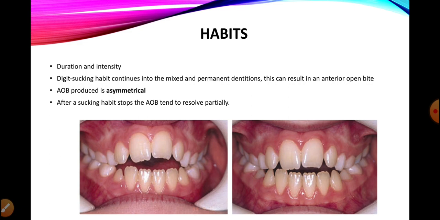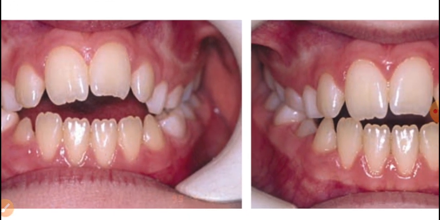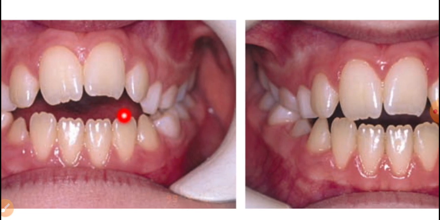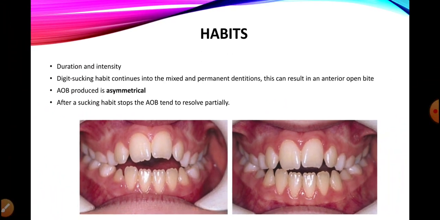Now, in cases of habits, the open bite that is created is asymmetrical. That is, not equal on both sides, as can be seen in this picture. So here the open bite is more, here it is less, depending upon what is used for the habit, for example a thumb or a finger, and the exact position of the thumb or finger in your mouth.